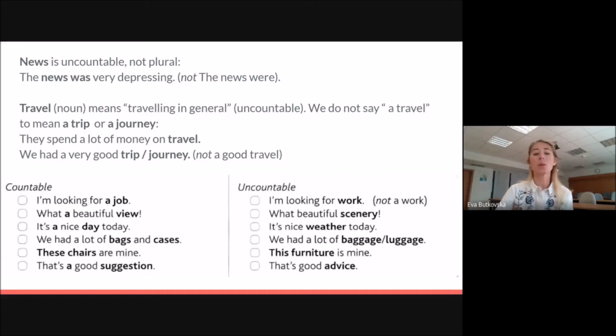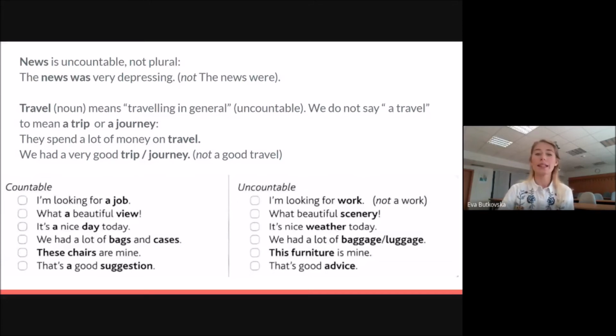The same goes with bags or cases. We had a lot of bags and cases. I can create a plural out of the noun bag, but there is an uncountable noun with similar meaning. We had a lot of baggage or luggage. If you think about it, baggage or luggage is really a category, and bags and cases belong to this category.